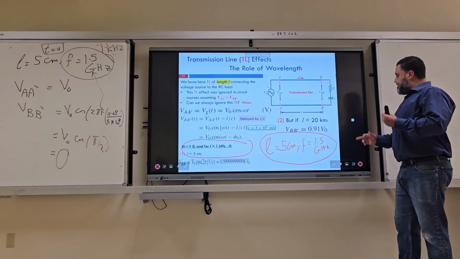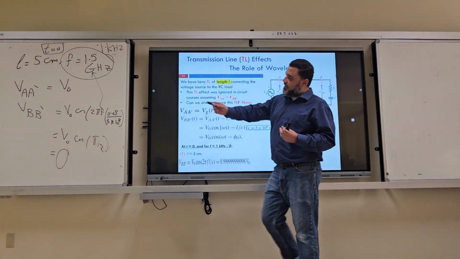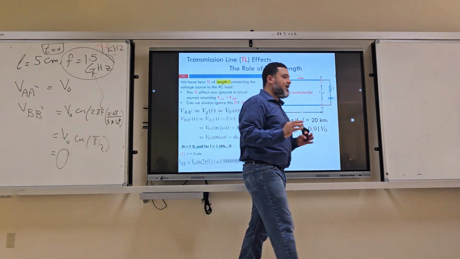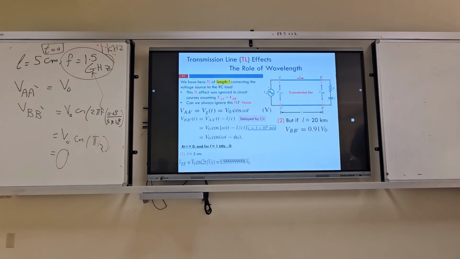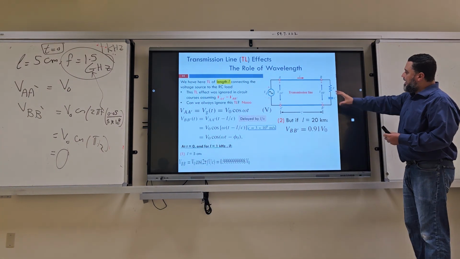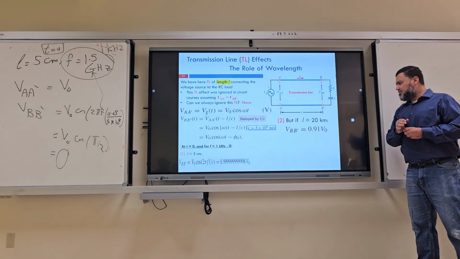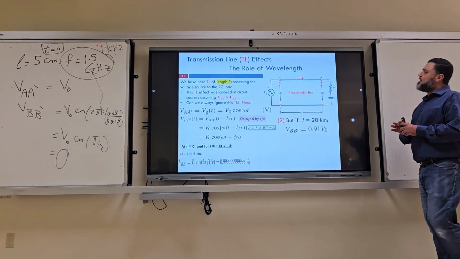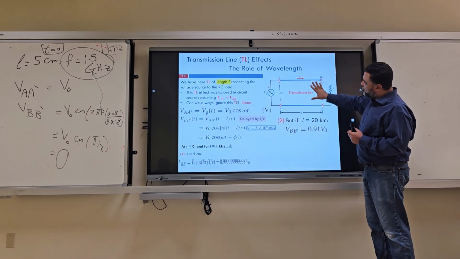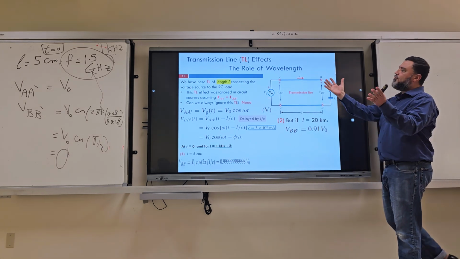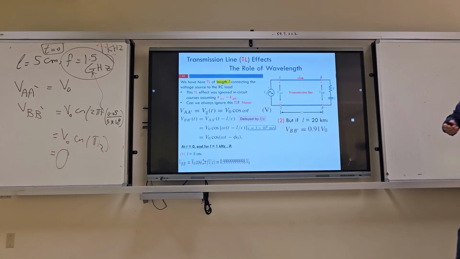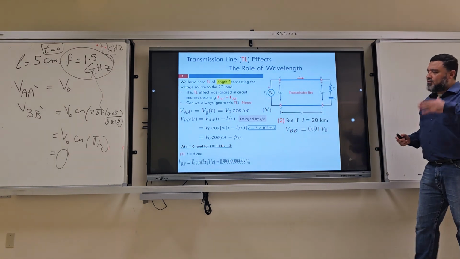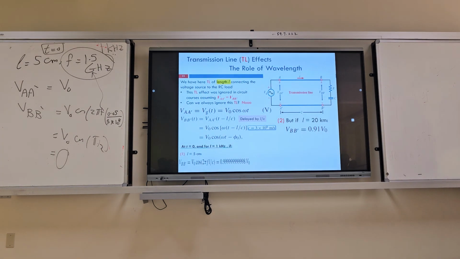This is because of the frequency, as I said. So the frequency is the major parameter here that controls the wave received at the load. We need to understand what is going on here and what caused all this effect of the transmission line. This is the role of the wavelength. Wavelength means frequency.